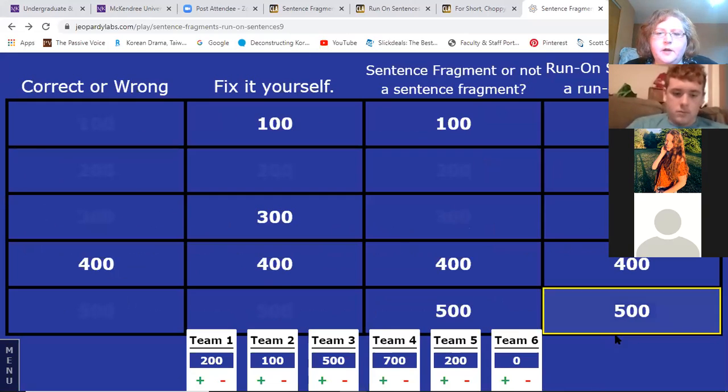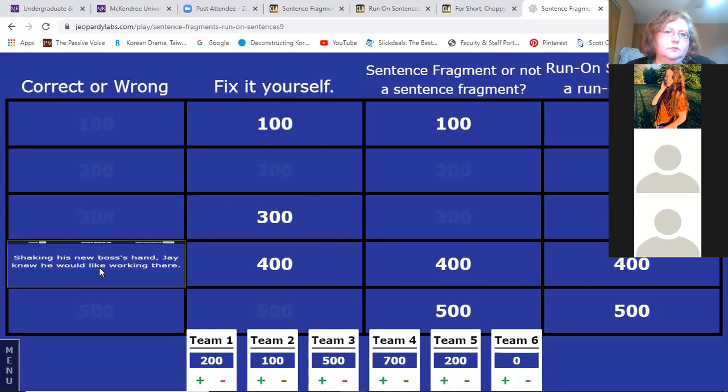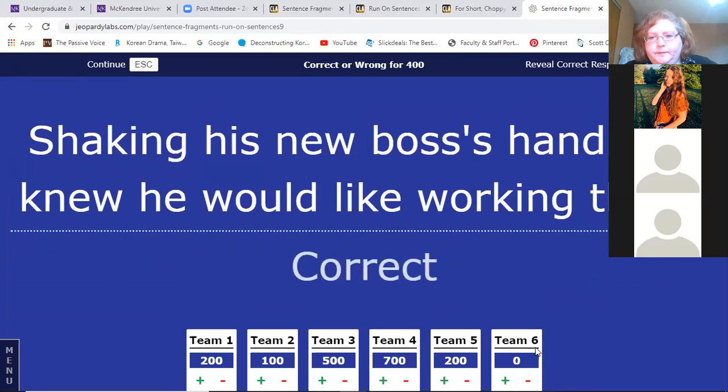Okay, team 5. Correct or wrong for 400? Taking his new boss's hand, Jay knew he would like working there. It's correct. Very good.